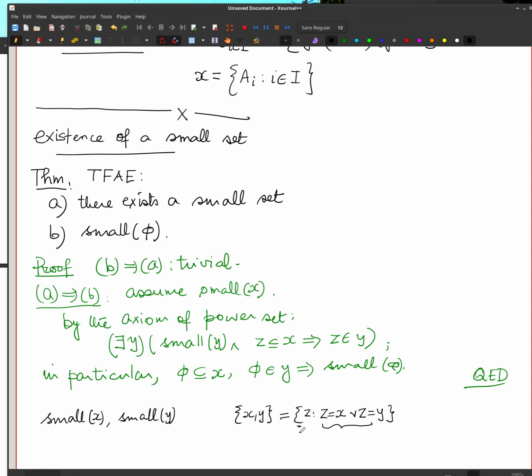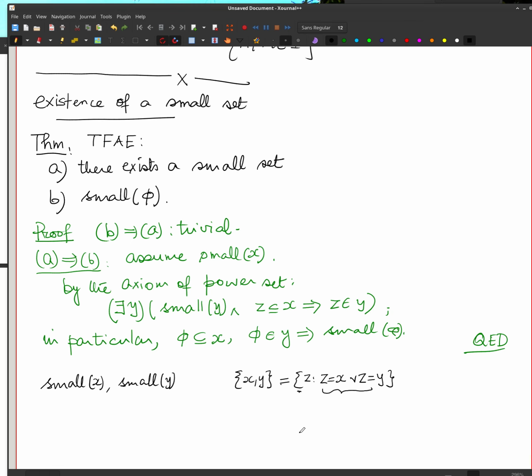All right, but remember, I want to say that this is a small set. See the difference? I can say that x is a small set, but still now I cannot prove that this set is a small set. Is it clear?